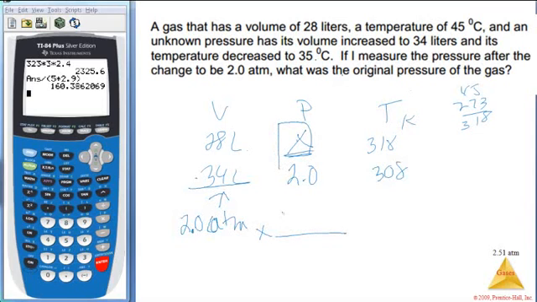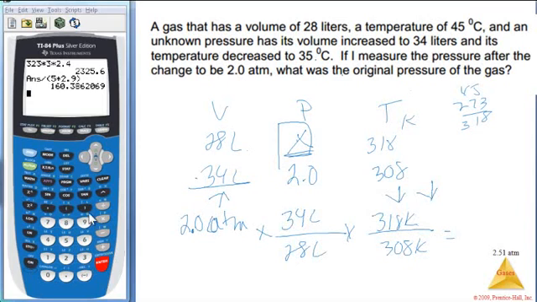So I want a factor to make this go up, 34 liters over 28 liters. Now my temperature went down, which would make my pressure go down, so I also want a factor to make this go up, because I must have started with a higher pressure. So that'd be 318K over 308K.